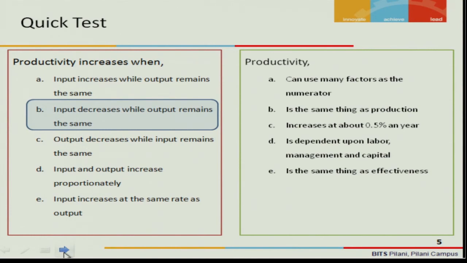Option D is dependent upon labor, management and capital. And the last option E is the same thing as effectiveness. Which is the answer you think is right? And the right answer is dependent upon labor, management and capital.